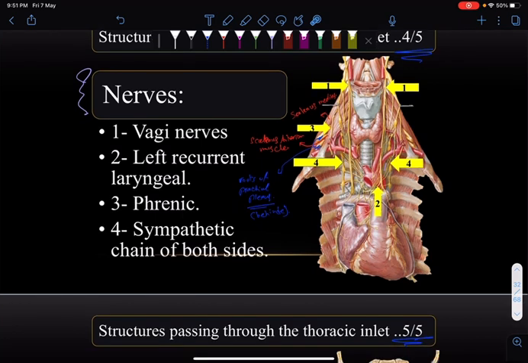Alright. هنا بيكون أيضا roots of the brachial plexus behind this. Okay, so هذا الphrenic، so behind المسل هاي اللي هي scalenus anterior بيكون roots of brachial plexus. Okay.